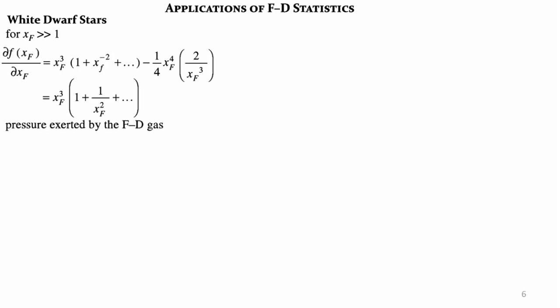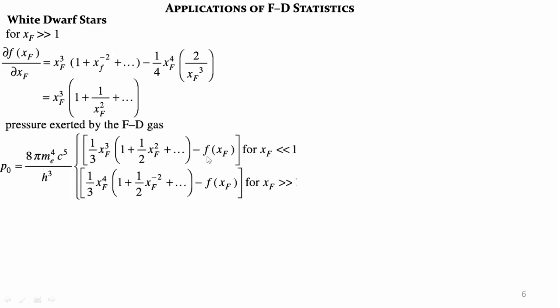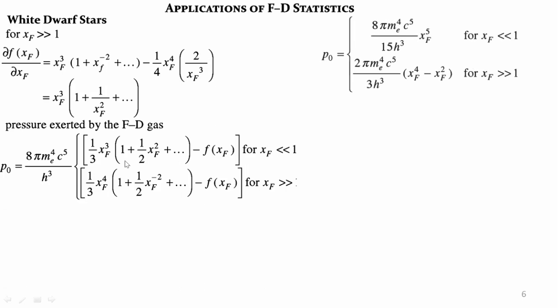So here we have to substitute the corresponding values of fx in this equation, and then certain terms will cancel. Finally, what you will obtain is that the pressure of this white dwarf star comes out to be equal to this simple expression for xf being very less than 1, that is the non-relativistic case.